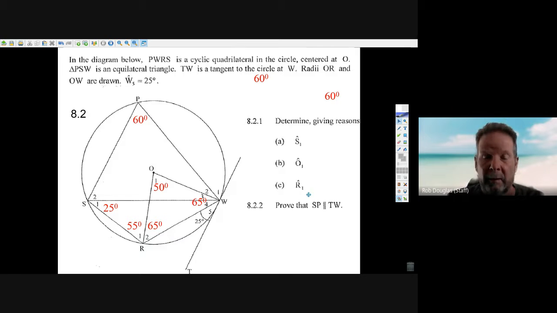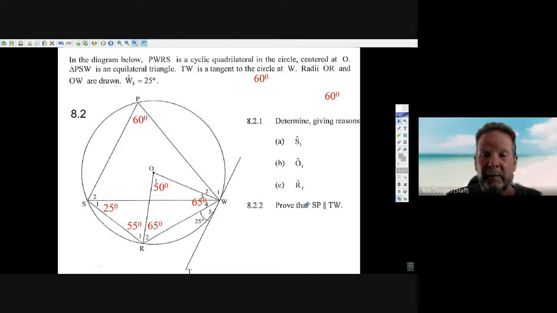Okay, that's all of those reasons. Sorry, I figured out those 2 are 65 because of equal angles opposite equal radii. That's 60 degrees because it's an equilateral triangle. And then finally, R1 must be 55 because these opposite angles in a cyclic quad have to add to 180.